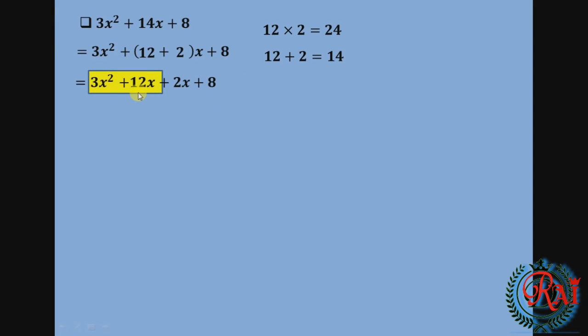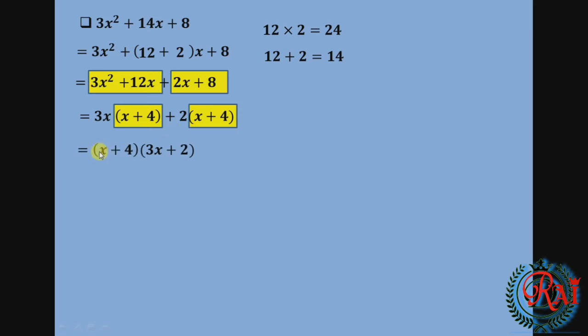Now we'll take common from here and we can see that 3x is common, so I'll take 3x common out, and x plus 4 remains inside the bracket, and from here plus 2 is common, x plus 4 remains inside the bracket. Now from here x plus 4 is common, so I'll take x plus 4 common out, so I'll get 3x plus 2. This is your final answer.